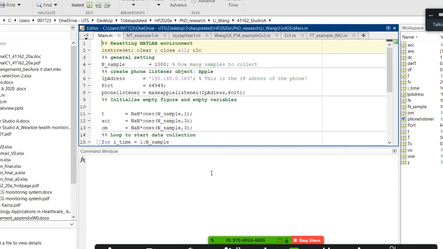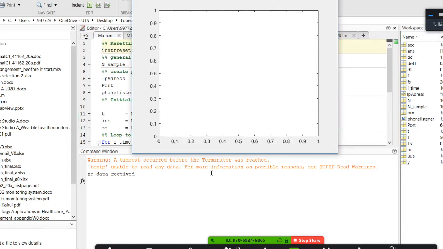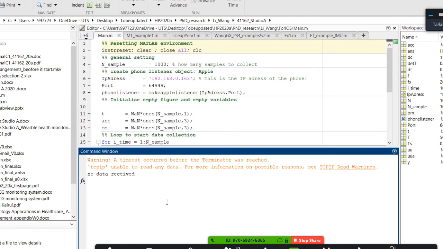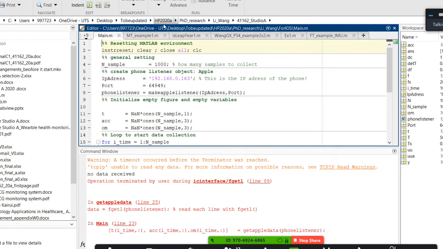That means I didn't connect this well. So I need to stop it, and then set it up well, and then start recording. And this time I run again.